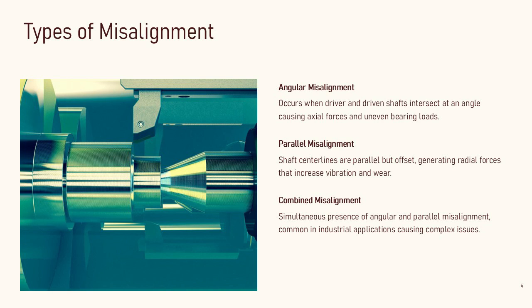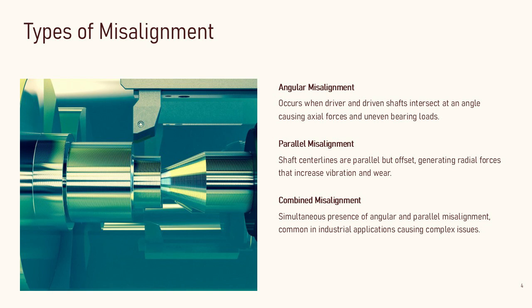Parallel misalignment, on the other hand, occurs when the shaft centerlines are parallel but offset from each other, creating radial forces that increase vibration and wear. In real-world industrial applications, combined misalignment is the most common condition, where both angular and parallel misalignment exist simultaneously.